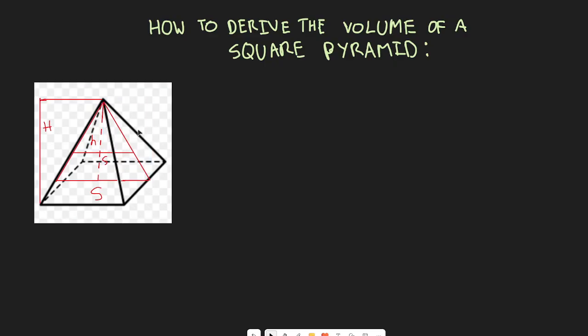After you divide it, you get a smaller pyramid, right? So for now, let's just focus on that smaller pyramid. In that smaller pyramid, you have another square at the bottom, right? So that's your base. The side length of that square base, I defined as lowercase s. And I defined the height of that square pyramid as lowercase h.